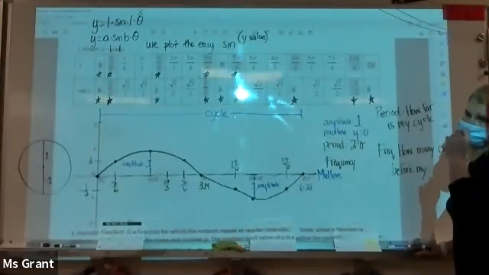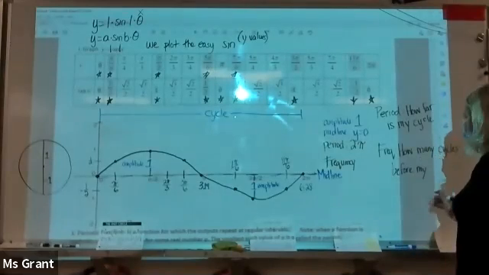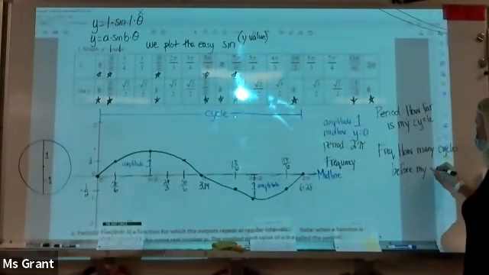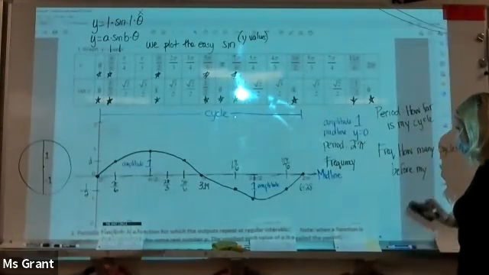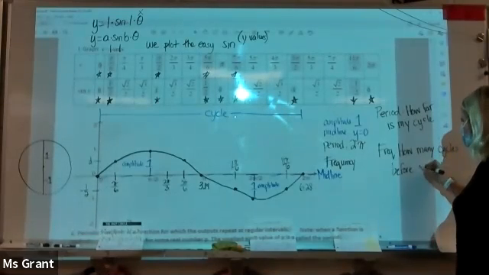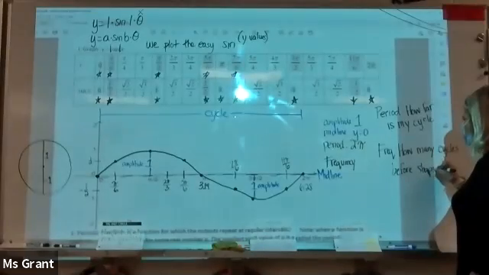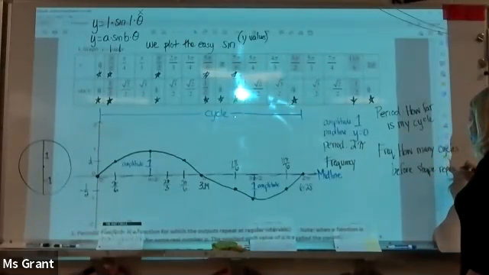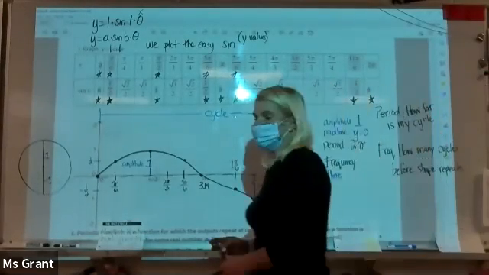It's not a rotation. It's how many cycles before the shape repeats? So, frequency.